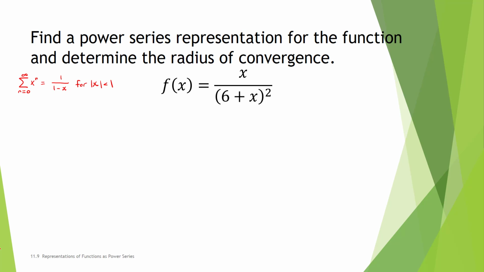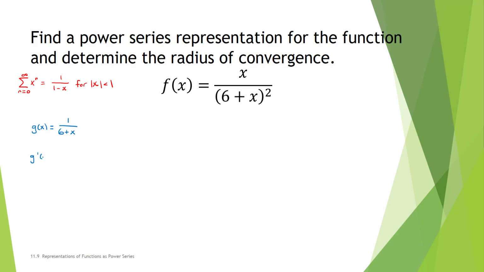You will notice in the function 1 divided by 1 minus x, the denominator is not squared. So after thinking for a little bit, I'm going to make up a new function. I'm going to call it g of x, and I'm going to let it be 1 divided by 6 plus x. Now why would I want to do this?